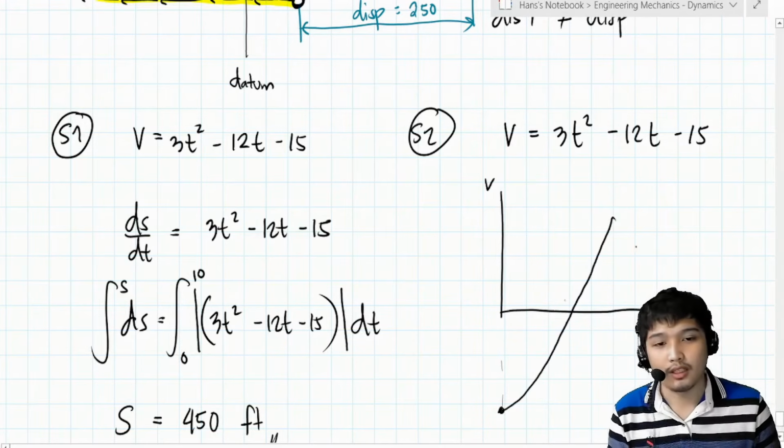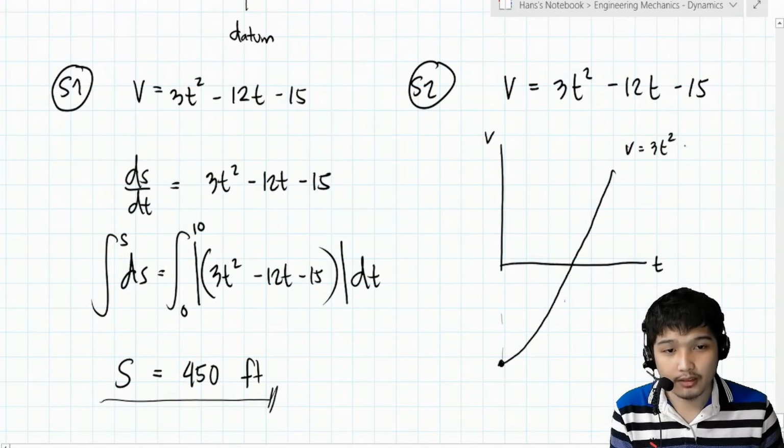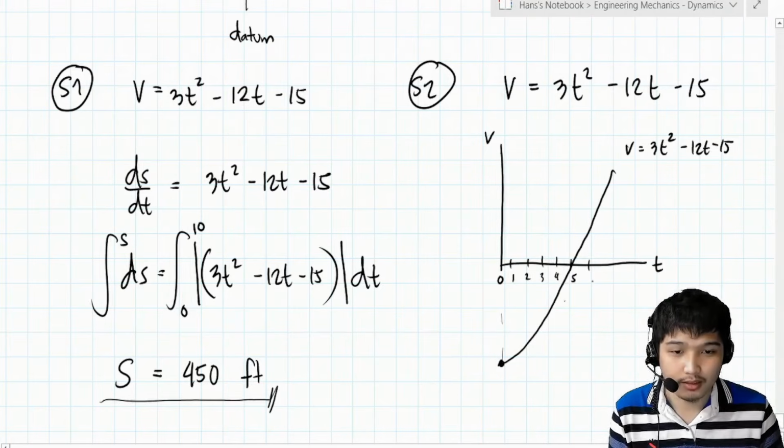Okay, so ito yung graph or ito yung equation na v is equal to 3t squared minus 12t minus 15. So ito yung time is equal to 0, 1, 2, 3, 4. Then yung 5 nag-0, di ba? Tapos ito yung 6, 7, 8, and so on.